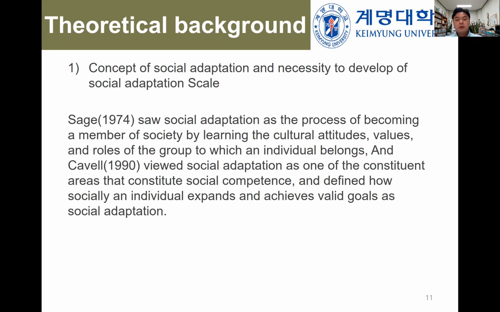Others describe social adaptation as the process of becoming a member of society by learning the cultural attitudes, values, and roles of the groups to which an individual belongs. And Carver viewed social adaptation as one of the constituent areas of social competence, defining how socially an individual expands and achieves valid goals.